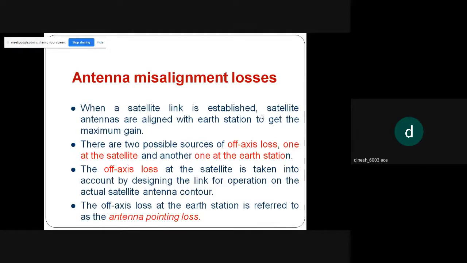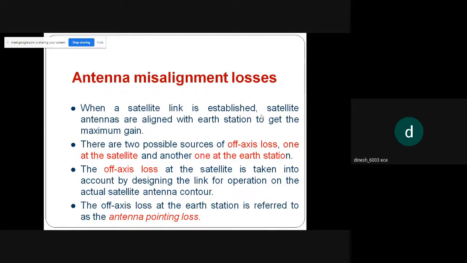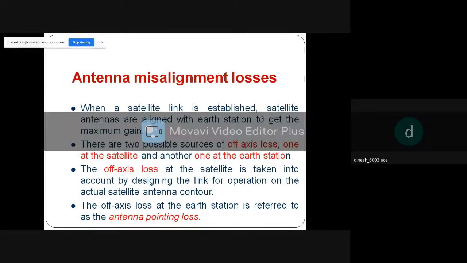After the feeder losses, we'll see the antenna misalignment losses. When a satellite link is established, satellite antennas are aligned with the earth station to get maximum gain, such that the satellite antennas will be focused towards the earth station antenna with its axis.